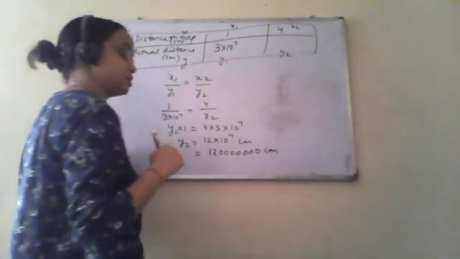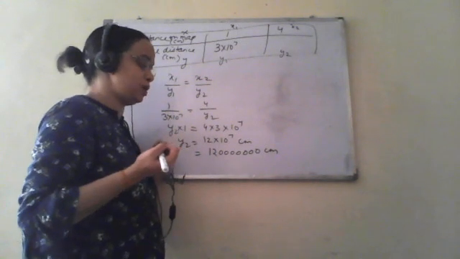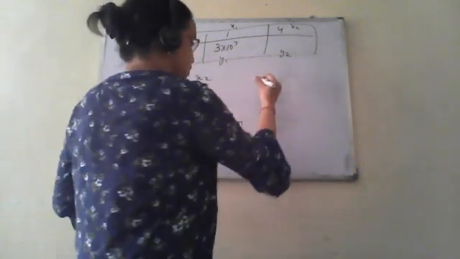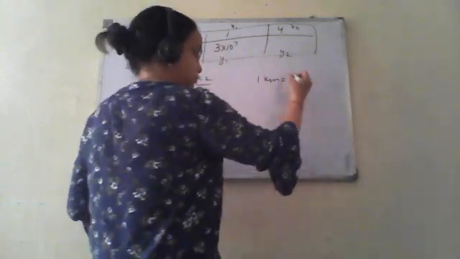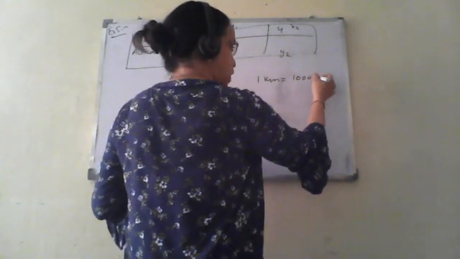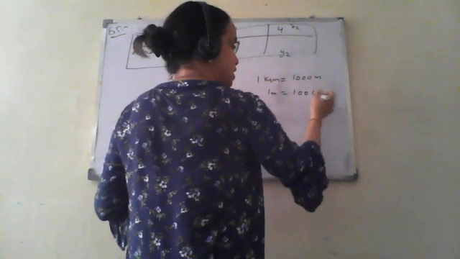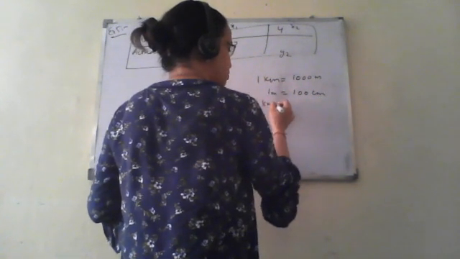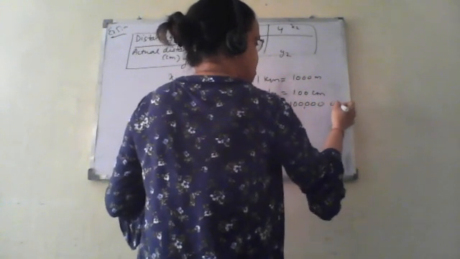These are centimeters. Now if we have to convert it into meters or kilometers, 1 kilometer equals 1000 meters and 1 meter equals 100 centimeters. So 1 kilometer will be equal to this much in centimeters.